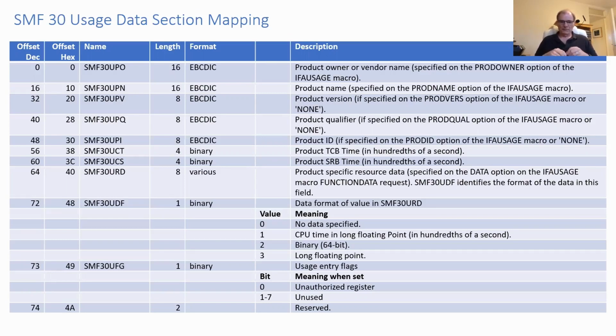It's a flag byte that you can parse to work out whether we've got CPU time in long floating point or a binary count or whatever we have here. Always a number, obviously. And then we have some flags. Really we have a flag about unauthorized registration, which if it's not set, I guess it's an authorized registration. So we think about the section as having two main parts: one is names and the other one is numbers.